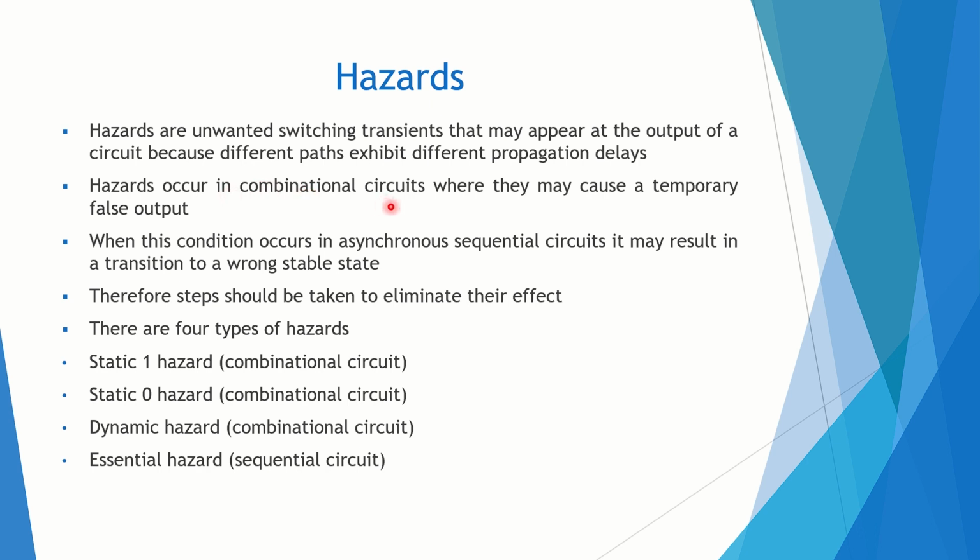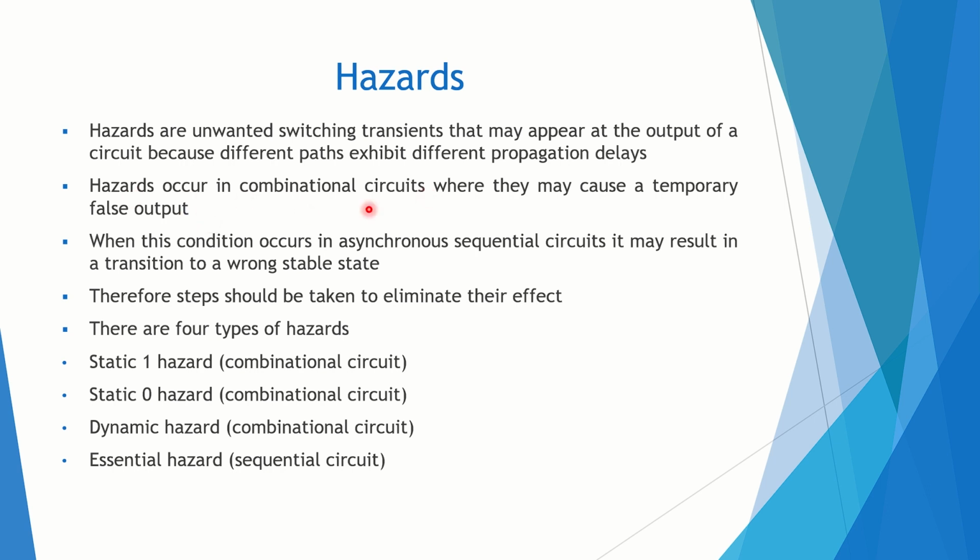If the output should stay at 1, but it goes to logic 0 and then comes back for a small amount of time, this hazard is called static 1 hazard. We'll be discussing it later.